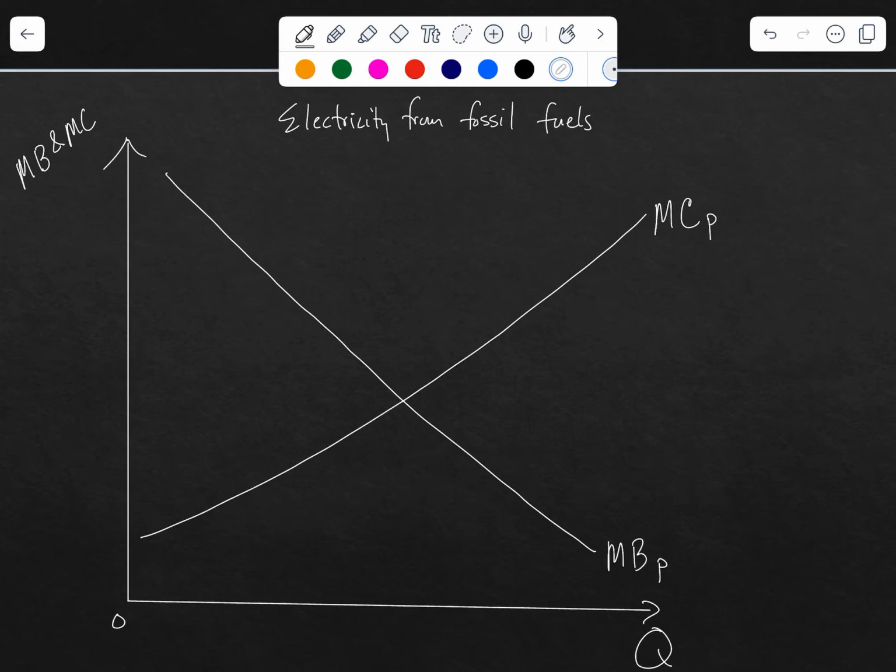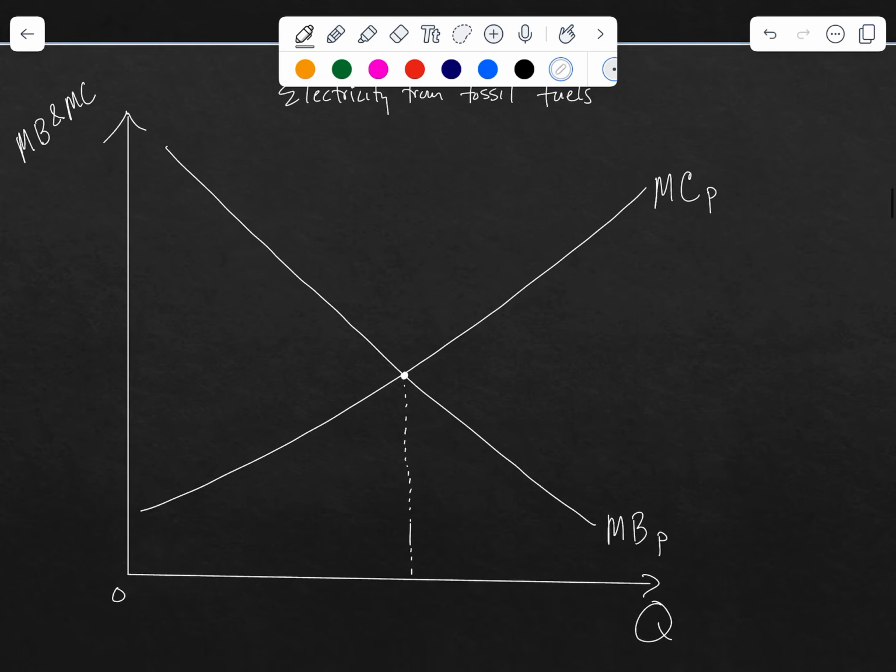Those are private costs of production. And if that's all we think about, right, then there is some equilibrium here where the benefit of the last unit produced is equal to the marginal cost of producing it. And that gives us what we call Q star private.